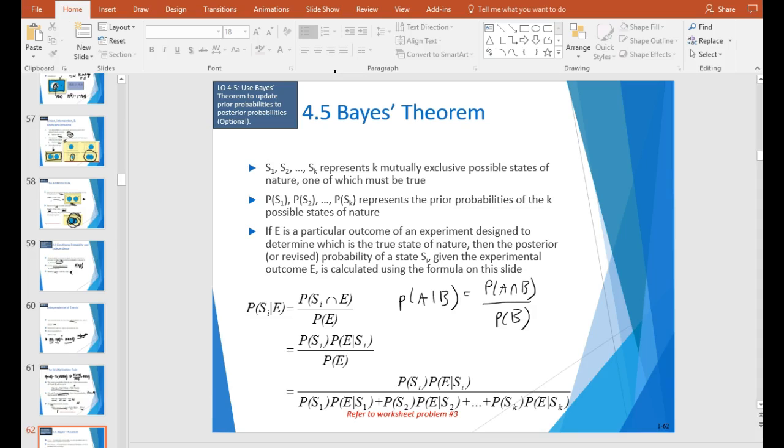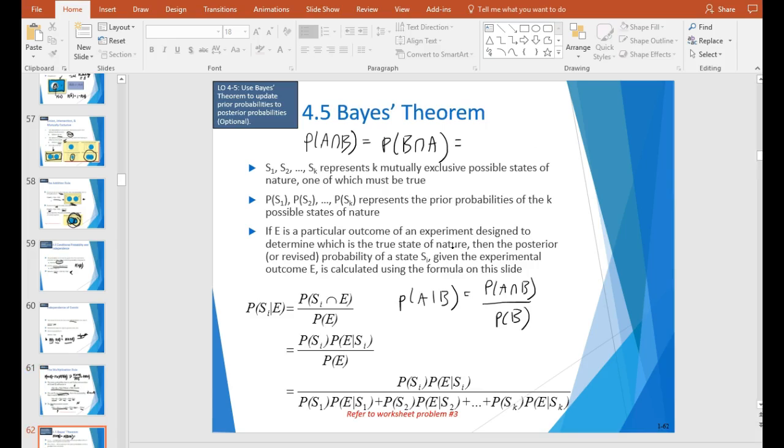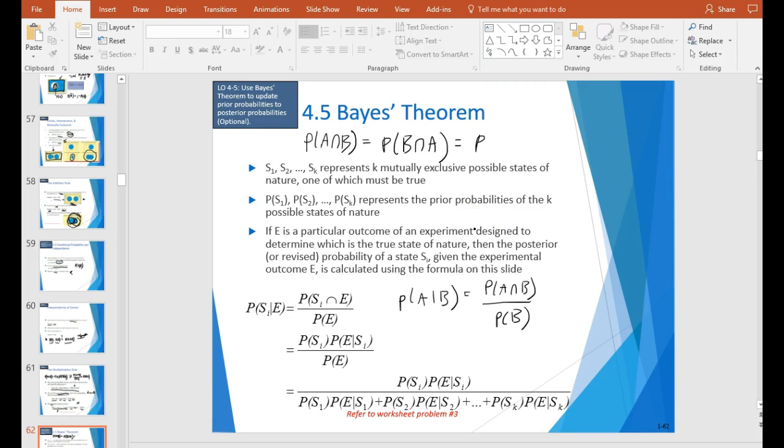defining the top, the probability of A and B. They look at it like the probability of B and A, which is the same thing still, but then they want to go back and use the multiplication rule, and they want to say that it is the probability of A times the probability of B given A. And then they're going to be using this term to sub in for the top here eventually.